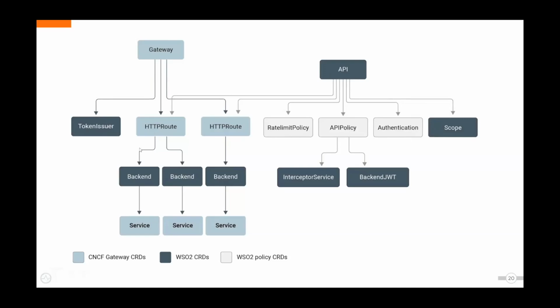When you are exposing a normal application to the outside with pure Gateway API, the gateway, HTTP route, and service will be used. Your application sits behind the service. The service will be connected by the HTTP route, and then the gateway will be connected to the route, right? So this is how it works.